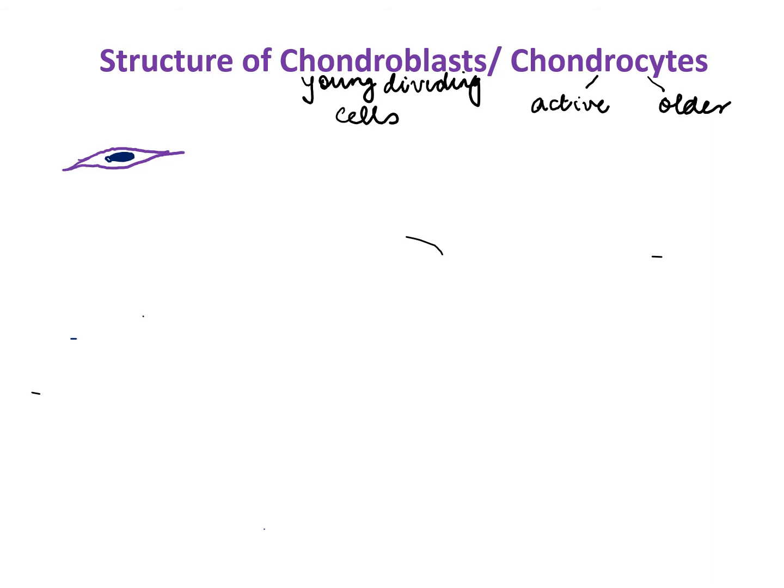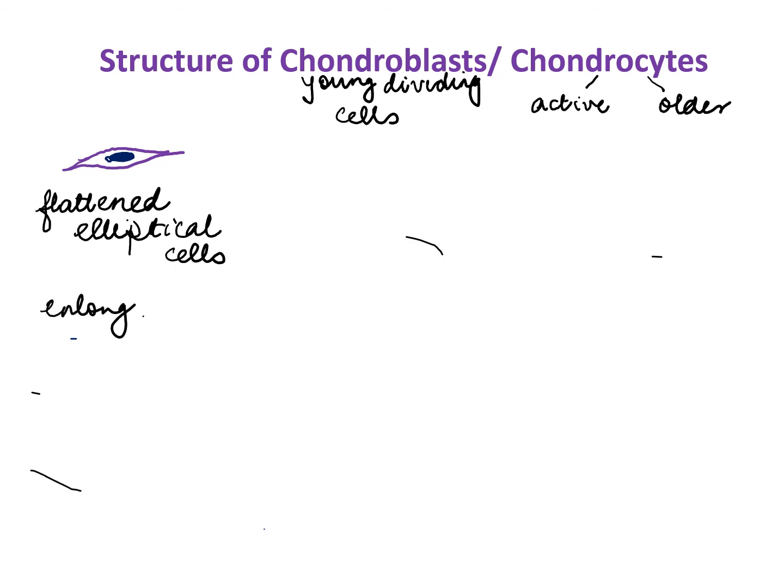So the young cells are the flattened, elliptical cells. They are active. They have all the machinery which is needed for protein synthesis, with an elliptical or elongated nuclei. They are best observed near the perichondrium.